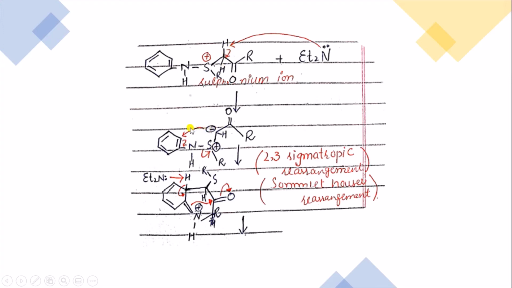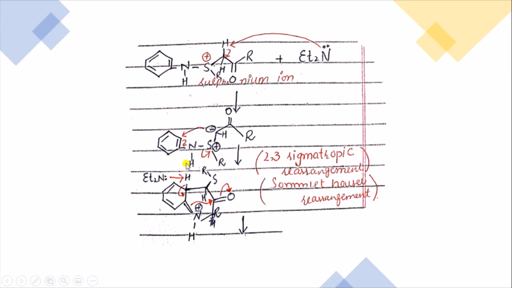This negative charge will attack this position, and the pi density in the ring will move toward this position. As a result, this group will be released, and this electron density will transfer toward this sulfur, and the sulfur will become neutral.